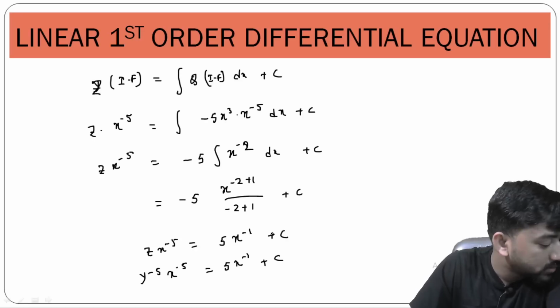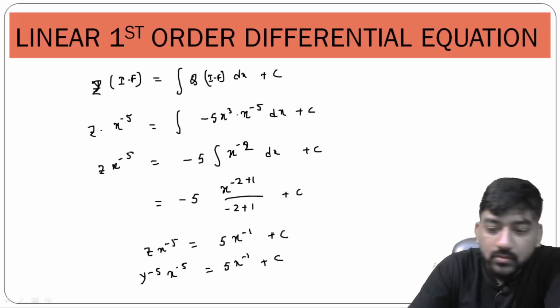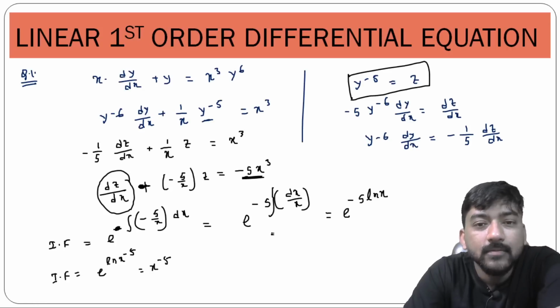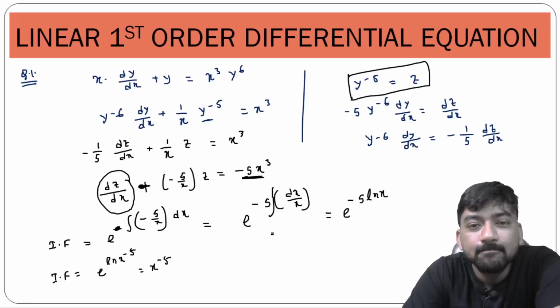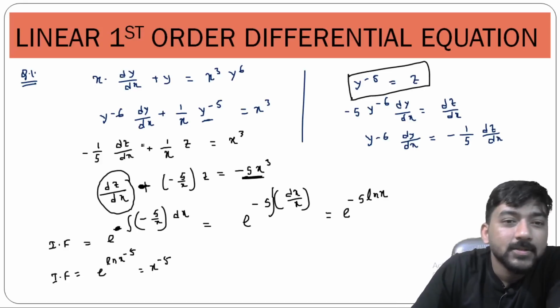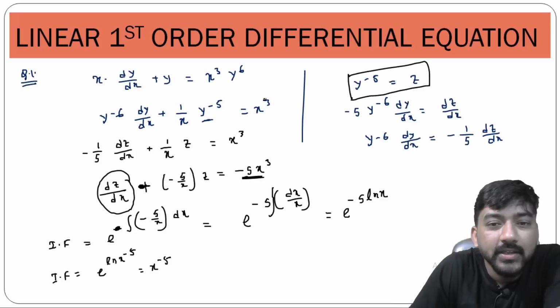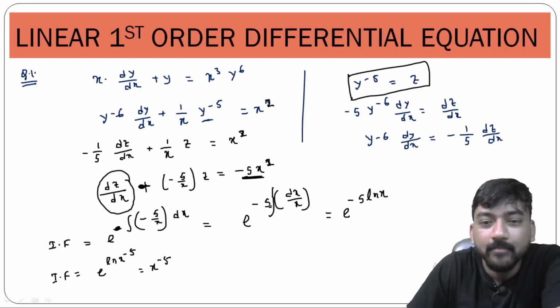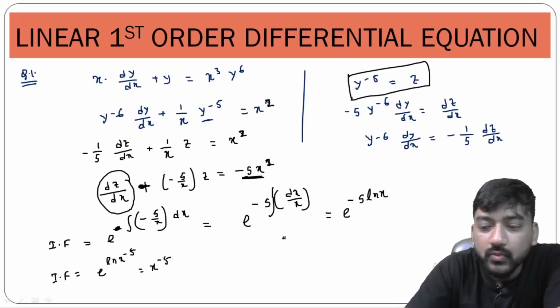But there is a mistake, I think. When I divided this equation by x, this will be x square. So please correct it. This will be x square, so your q will be changed.